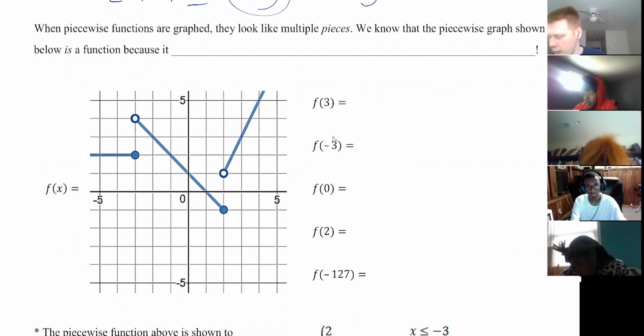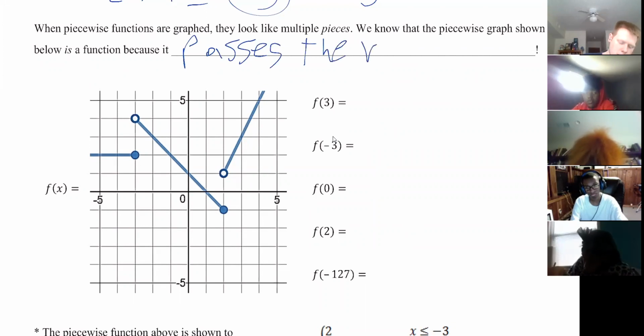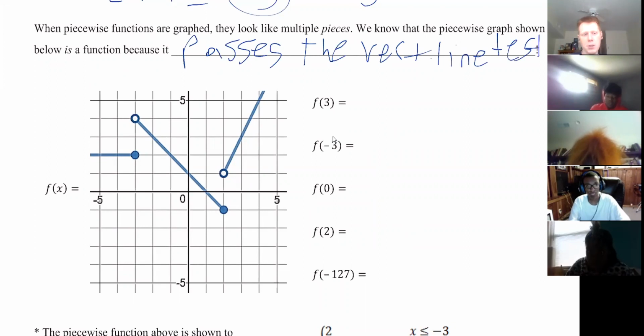We know the piecewise graph shown below is a function because it passes the vertical line test, just like we did in section 2.1 for any function. It works for piecewise functions as well. If it's truly a piecewise function, it should always pass the vertical line test.